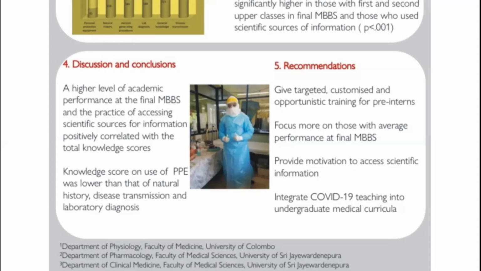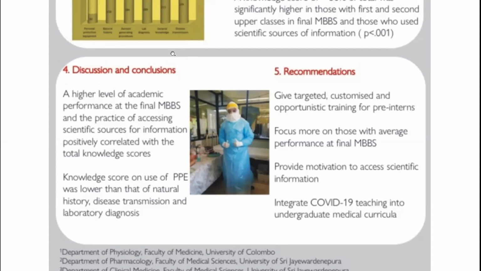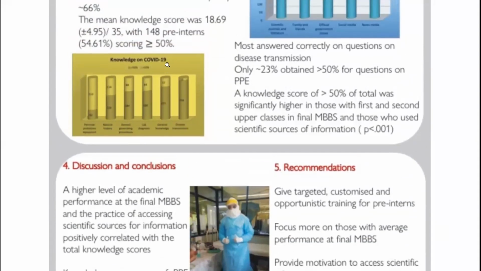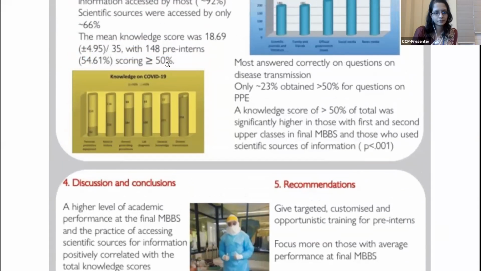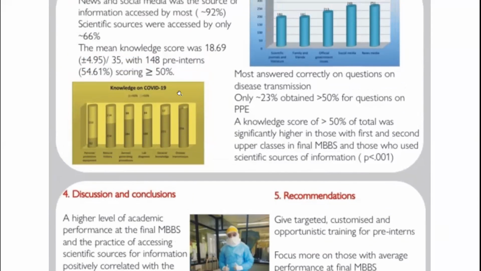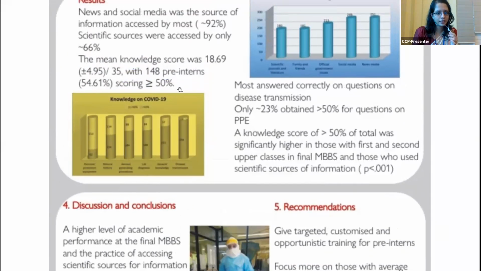Extremely different scores between the domains that you have studied, like subsections, isn't it? Like the PPE. Yes. What is the postulated possibility? A staggering majority of the population had used social media and news media as their source of information.